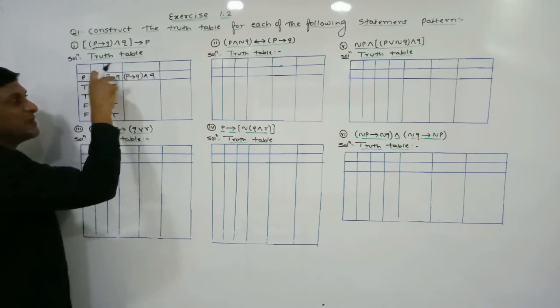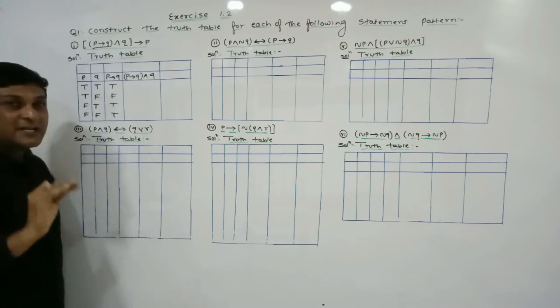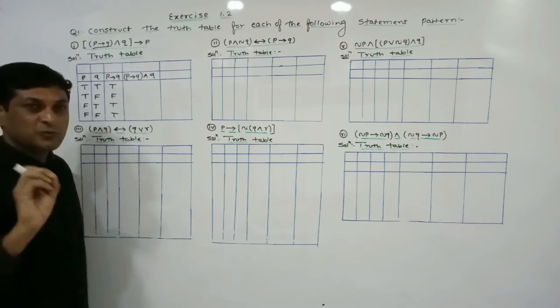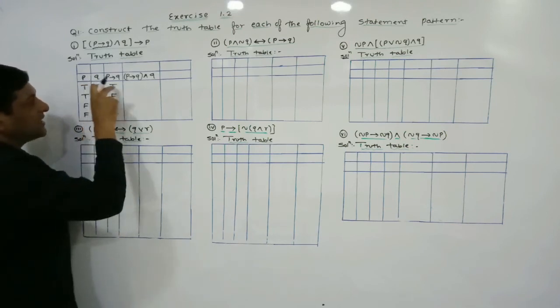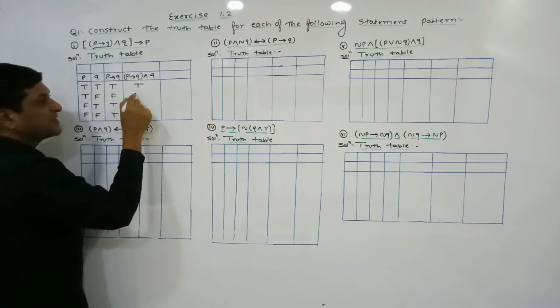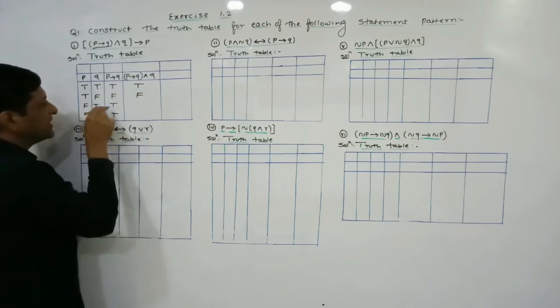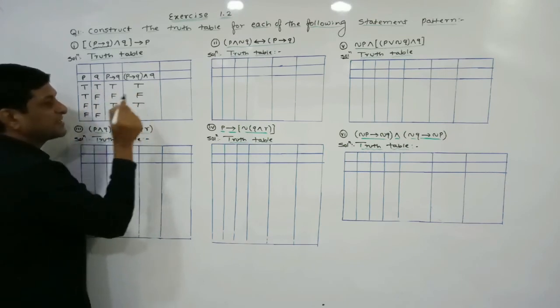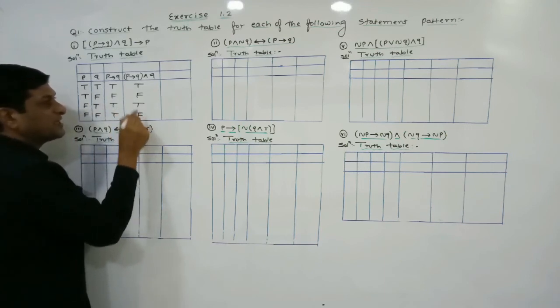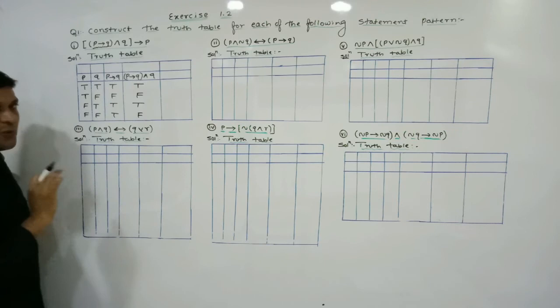In case of and, what we have seen: if at least one statement is false, the truth value of and will be false. Here F does not appear, that's why we can say that it is true. Here F appears, so it is false. Here F does not appear, so we get true. And here F appears, at least one statement is false, so the truth value of and will be false.